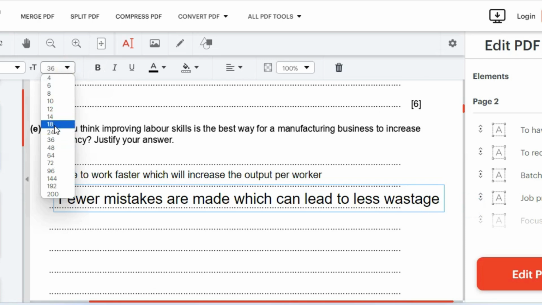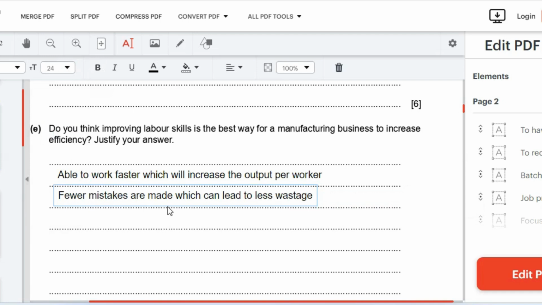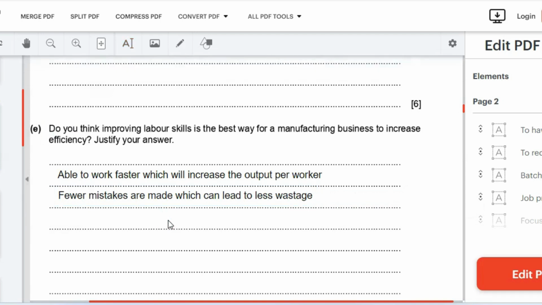Let's reduce this also for more points. Of course, it can also cause an increase in training cost. By improving labor skill, it will cause an increase in training cost, which can actually lead to an increase in unit cost.